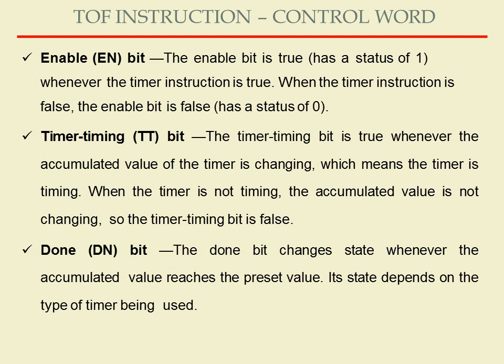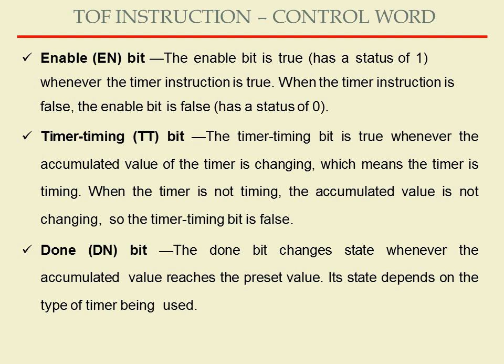See, the enable bit, the EN bit, is true, that is, it has status 1, whenever the timer instruction is true. When the timer instruction is false, the enable bit is also false. Next is the timer timing, that is the TT bit. The timer timing bit is true whenever the accumulated value of the timer is changing, that is, when the timer is timing, when the timer is in running condition.